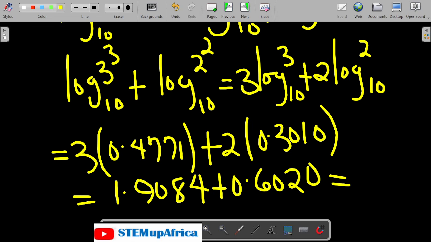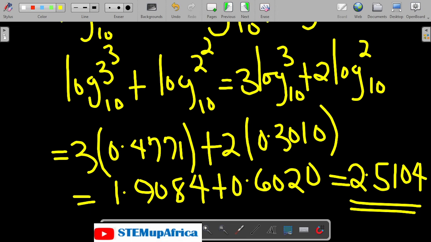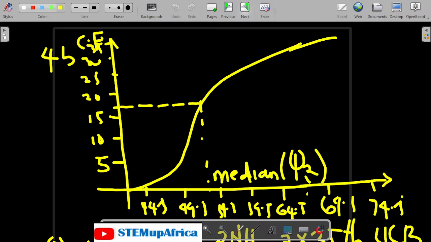If I add up, I'm going to have 2.0333. So this is the value of the logarithm. So that's question 5b. Let's go to question 6.